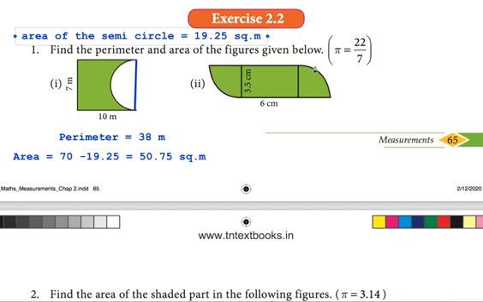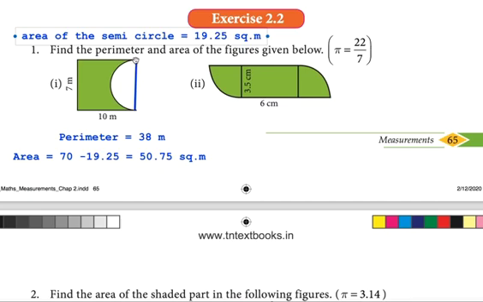Okay, so 2 pi r by 2 is the perimeter of the semicircle. So pi r is the answer. Okay, pi is 22 by 7. Oh, did we make a mistake here in finding this?